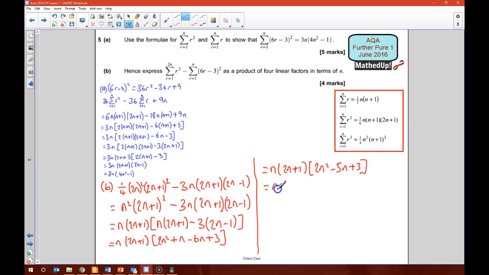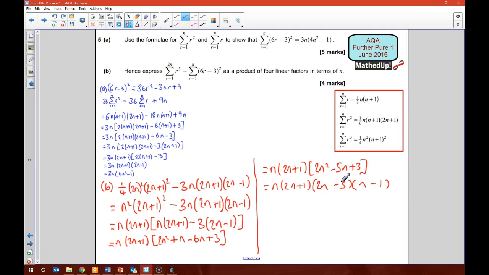Okay, so that's going to be equal to n times 2n plus 1, and I want to factorise this quadratic expression here. So if I factorise that, I'm going to have 2n, that's going to be n, and I need the product to be positive 3, and so I think I need negative 1 here, and negative 3 here.